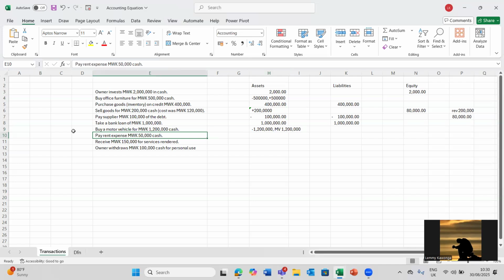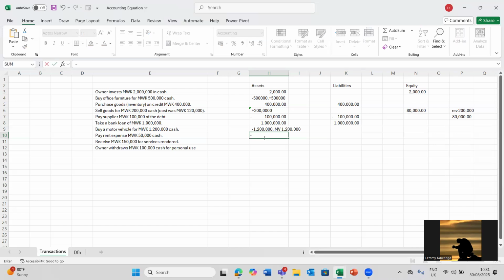Then we pay a rent expense, 50,000 cash. So if you pay a rent expense, what will happen? We have rent expense. If you pay by cash, it means we will decrease the assets by how much?